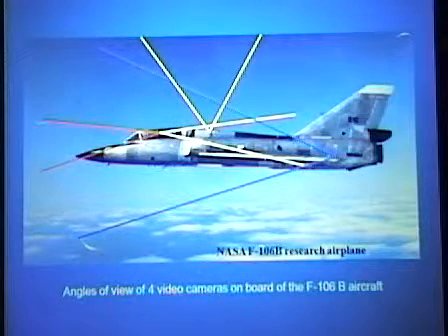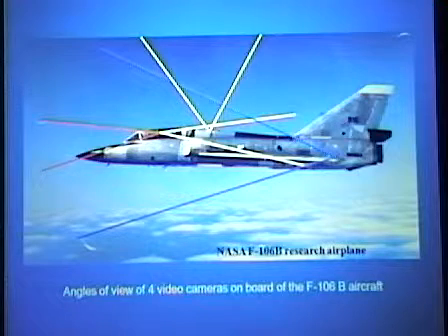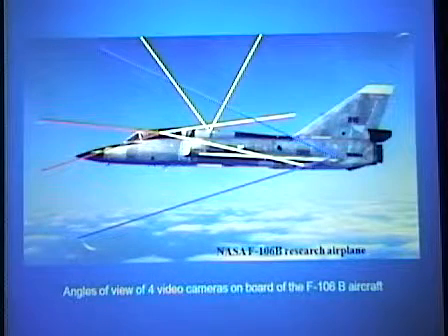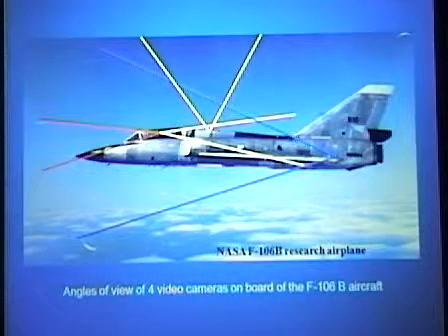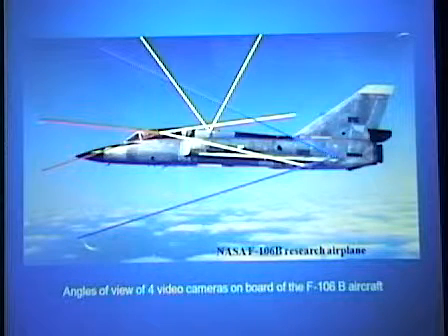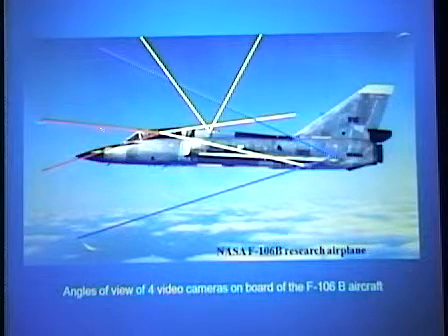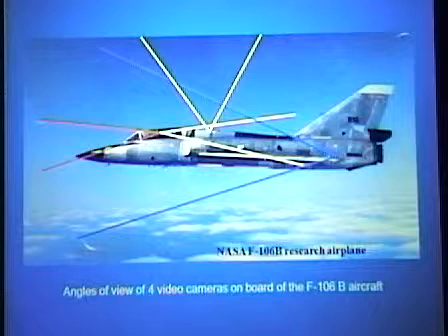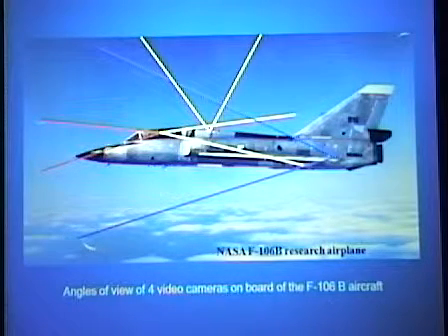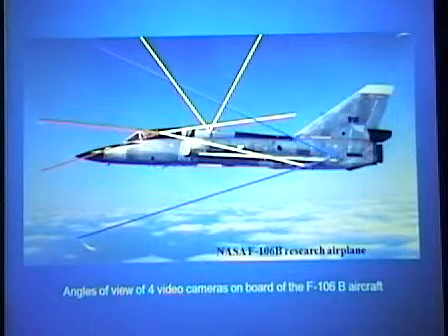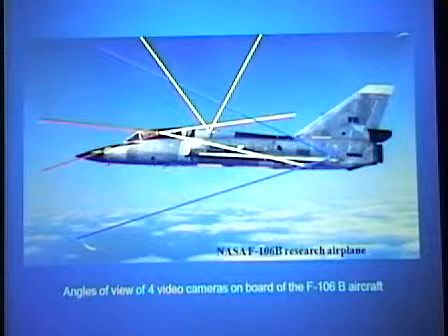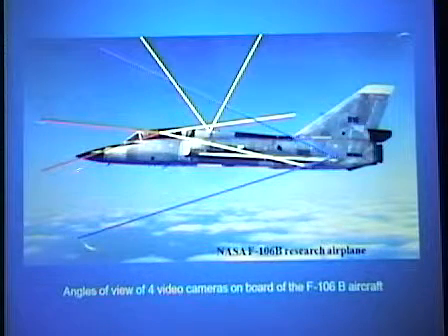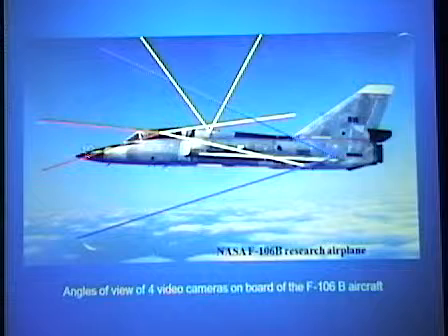And on this photograph we show the different location of the cameras. For instance, these red lines show the view angle from the camera behind the pilot, which views the front section of airplane.